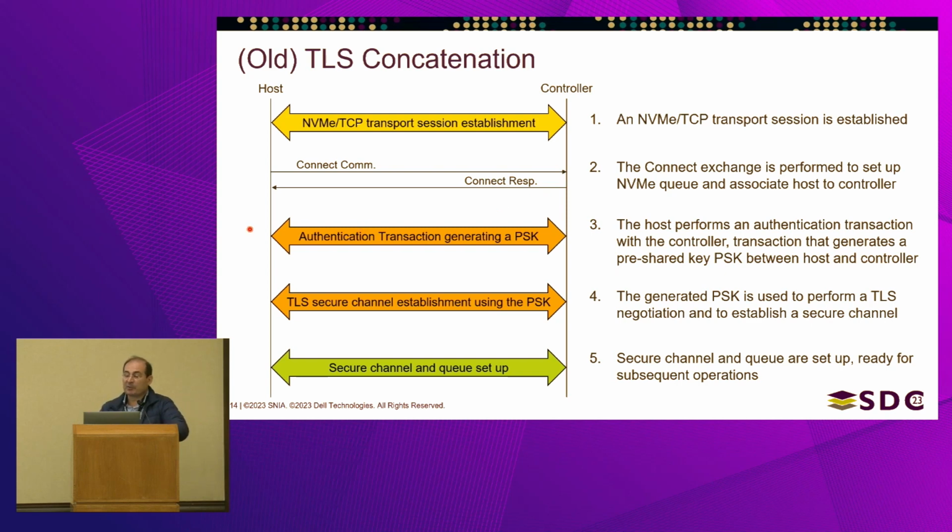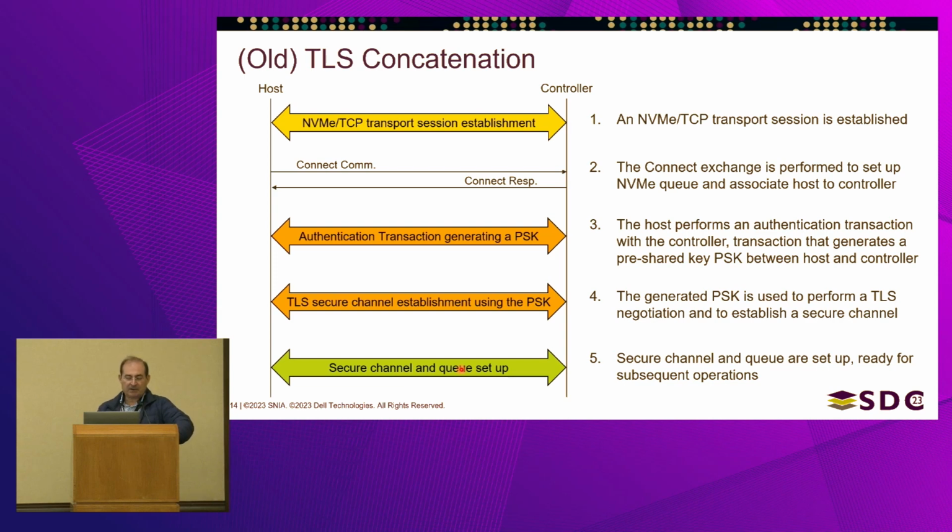Then you perform an authentication transaction that generates the PSK. At this point, you stop the NVMe operation and tell the transport, tell TCP, please do an upgrade. I give you a PSK, go from plain TCP to TLS, and now the session is encrypted, and we are ready to continue the operation.